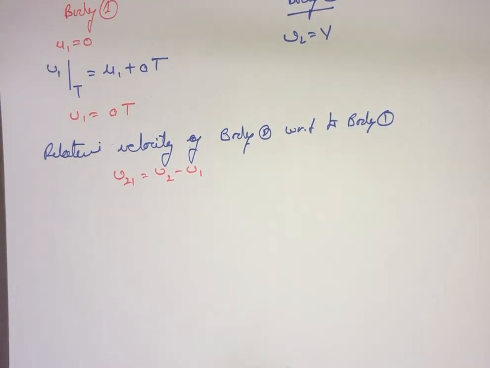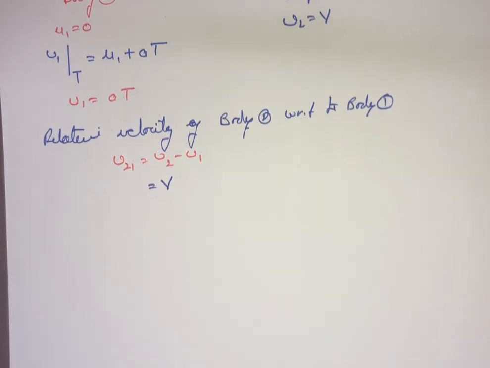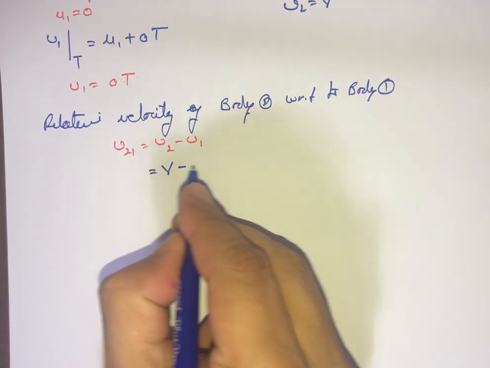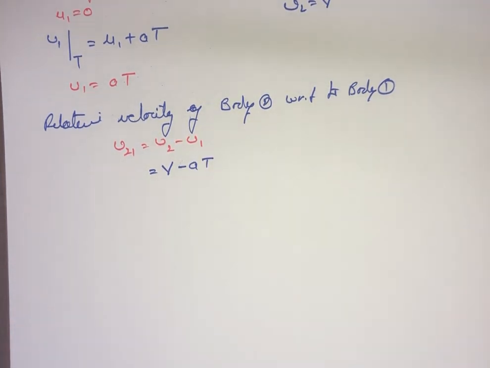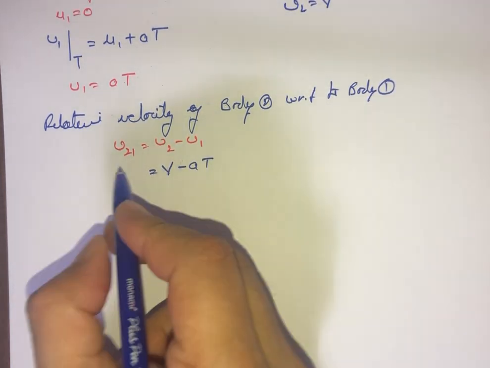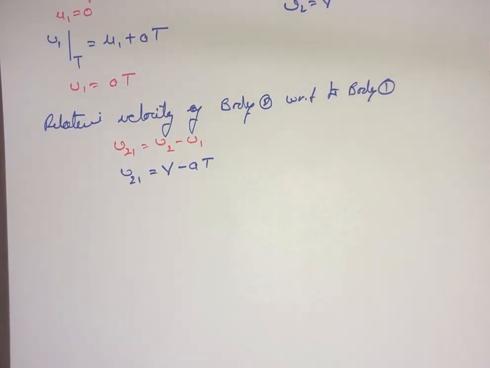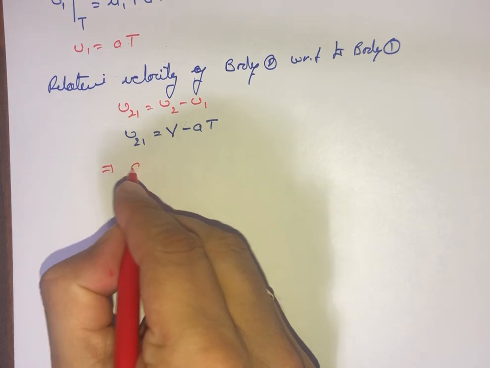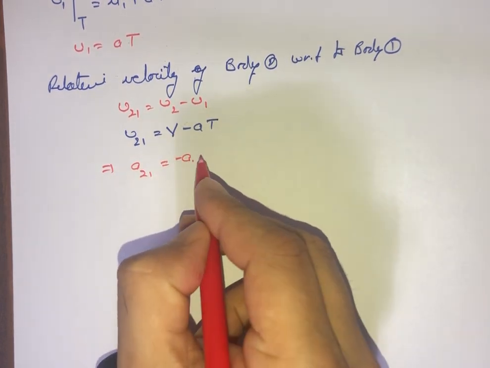Substituting, v2 is capital V and v1 is a multiplied by T, so v21 will be V minus aT. From here we can also find the acceleration a21, which will be equal to minus a.